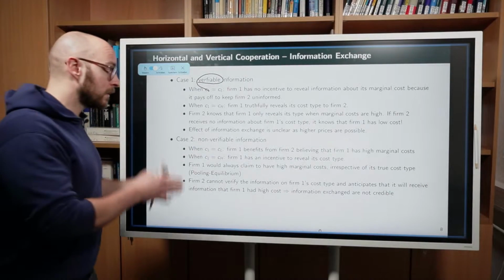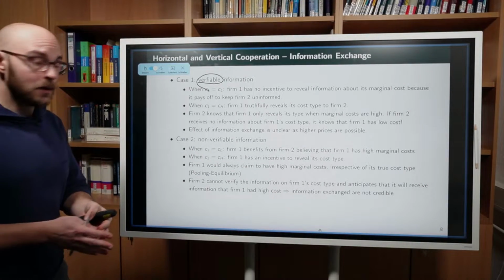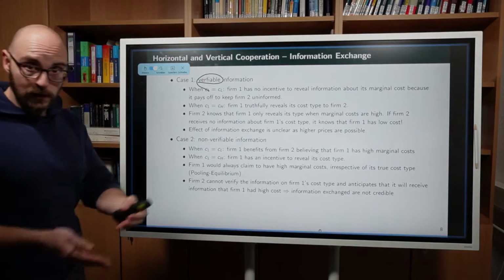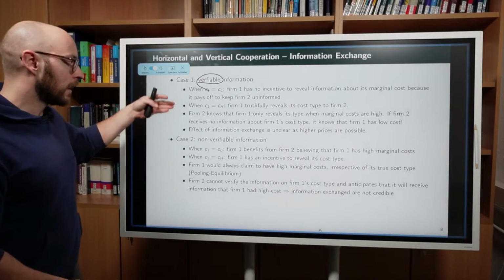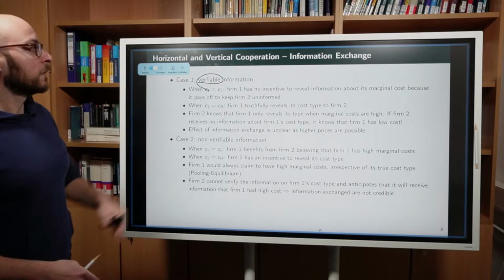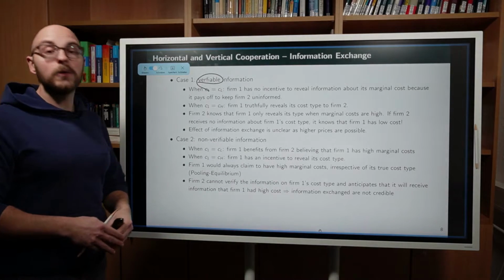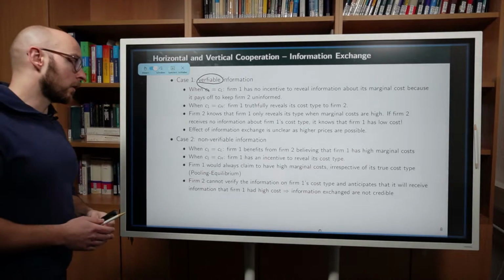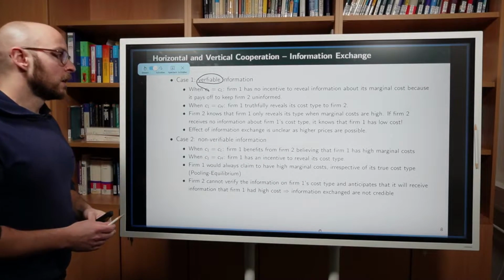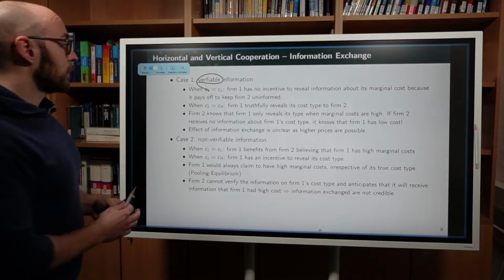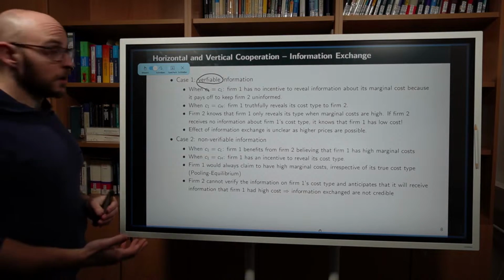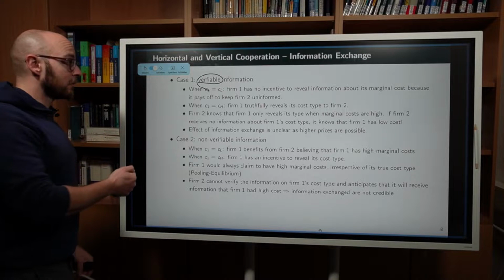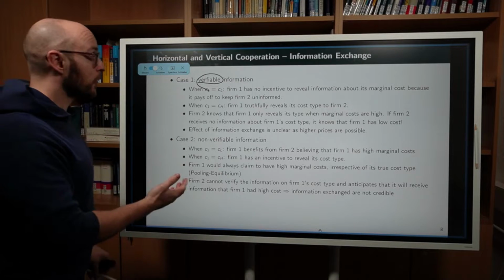So firm 2 either receives information or it does not. If it receives information, it knows, okay, it's a high type. And if it does not receive information, it knows that it will be a low type. So in that case, the information exchange might actually occur because it's beneficial, it's credible.